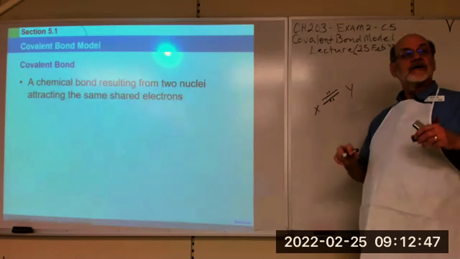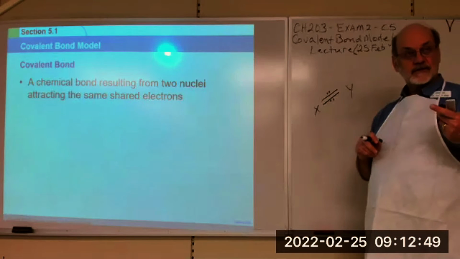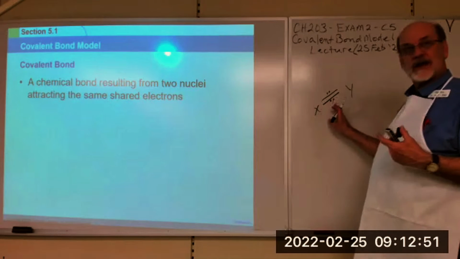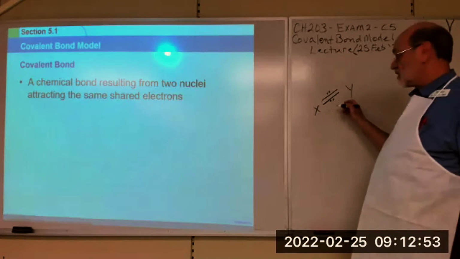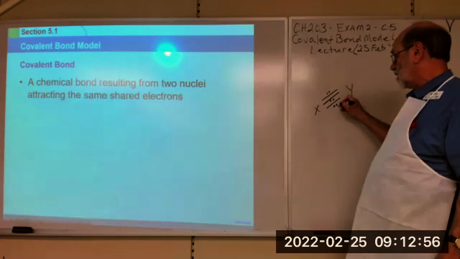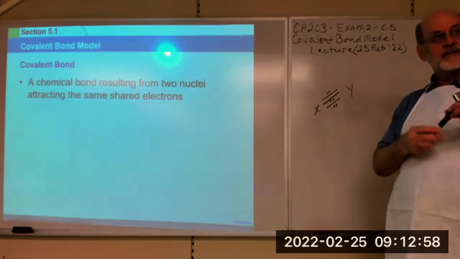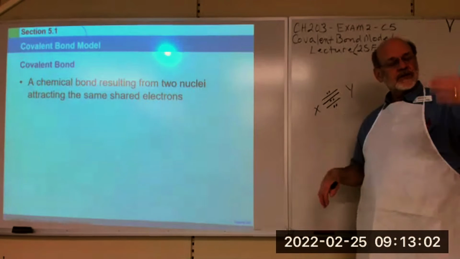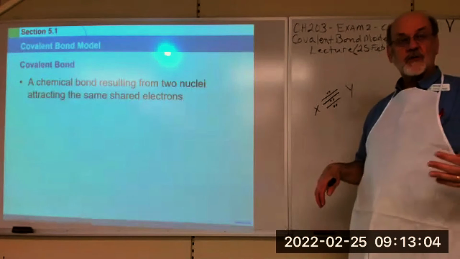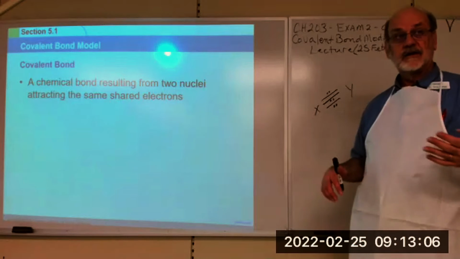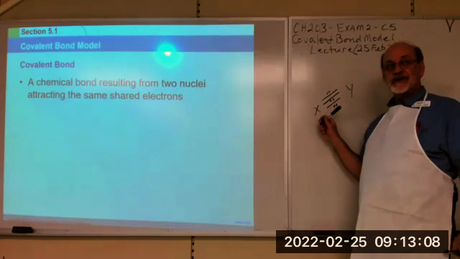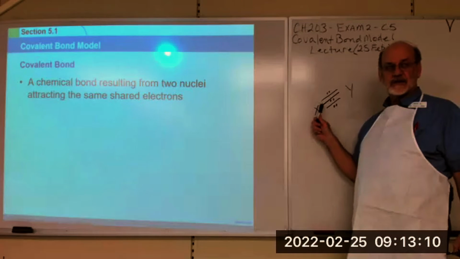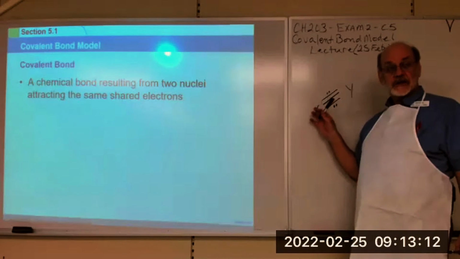So for every bond, you're talking about two electrons. So a double bond would be 4 electrons in the bonds, and occasionally you can get triple bonds. Now you got 6 electrons between, and those are particularly strong. As you increase from single to double to triple bond, you get a stronger bond. It's not linear. In other words, a triple bond is not 3 times as strong as a single bond, but it does increase in strength.